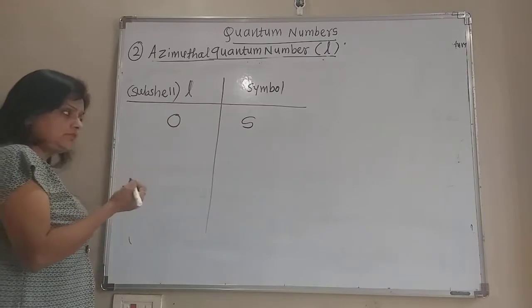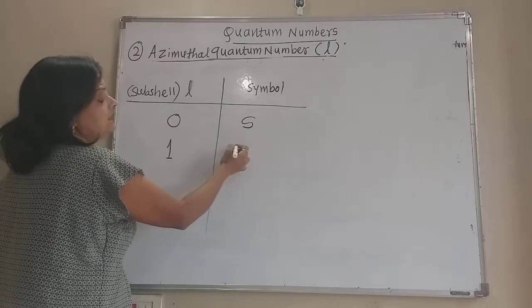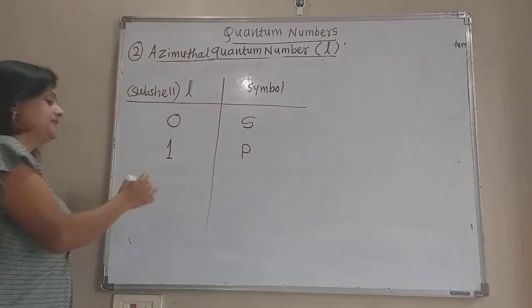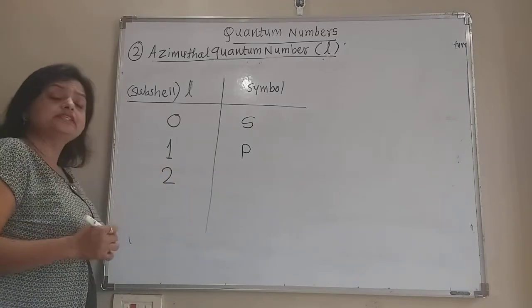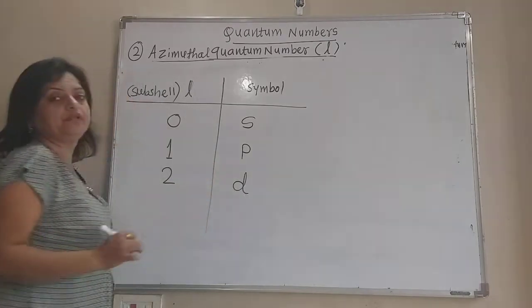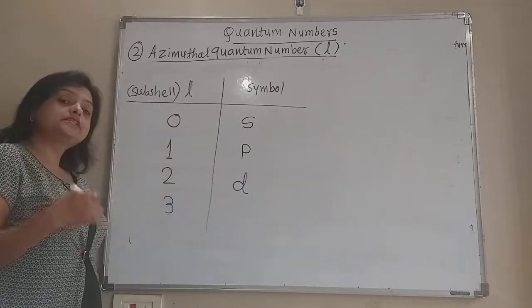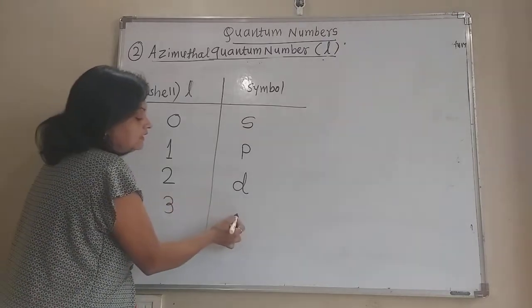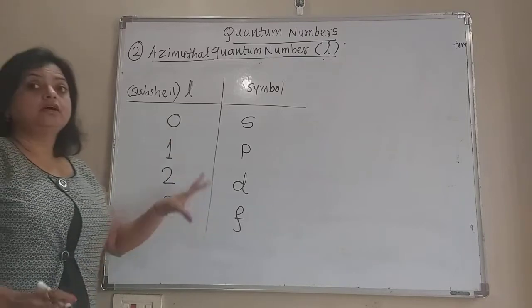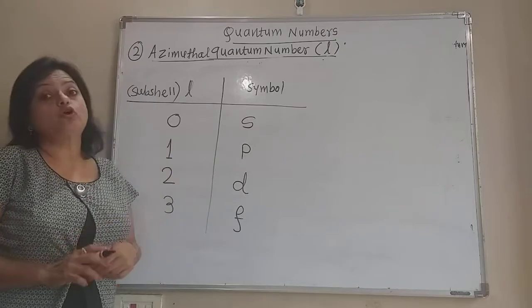If the subshell has the value 1, then the symbol is p. If the subshell has the value 2, then the symbol is small d. And if the subshell has the value 3, then the symbol is small f. In this way, these are the subshells given by the azimuthal quantum number.